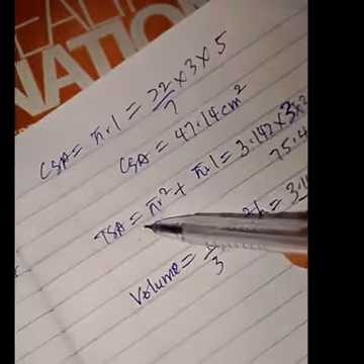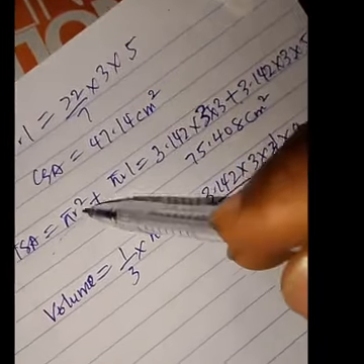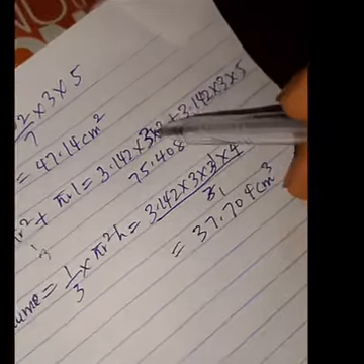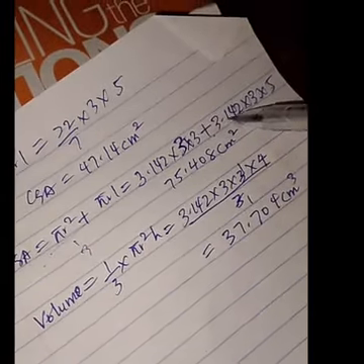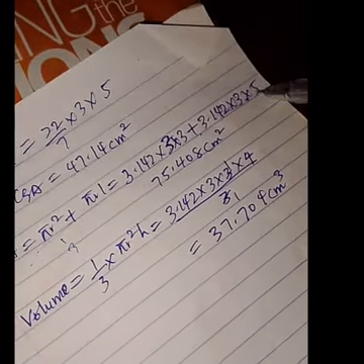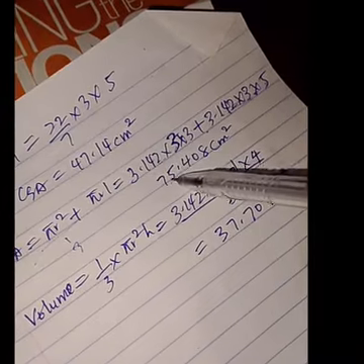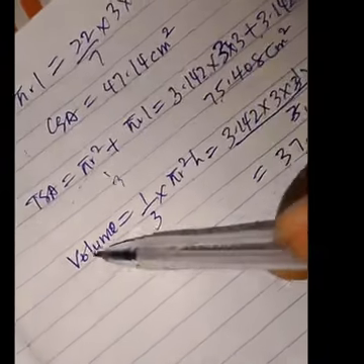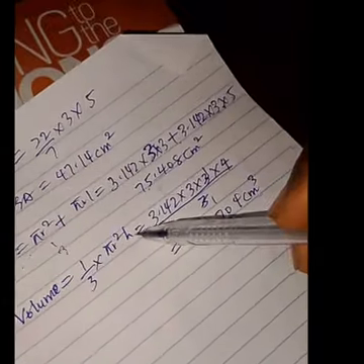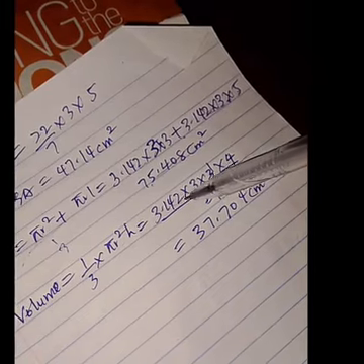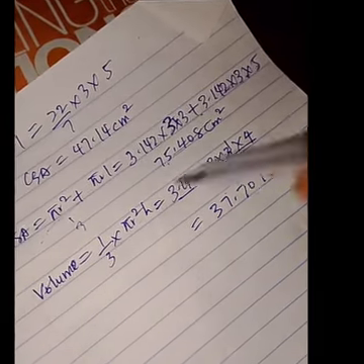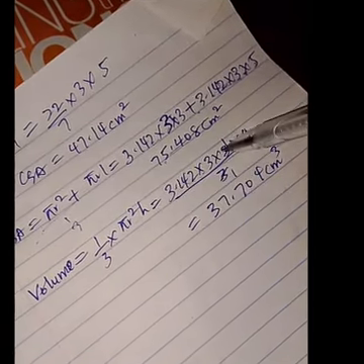So we don't need the height for the total surface area. You just place your r as 3 here, that's why I wrote 3 times 3 plus 3.142 times 3 times what? 5. Then 75.408.